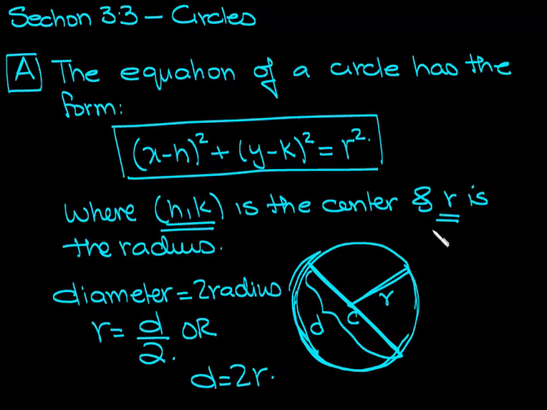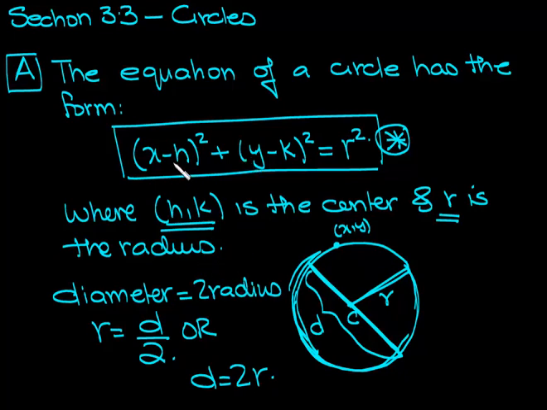Also, remember what an equation in two variables is. The equation of a circle is a collection of all points, like this point x and y, that live on the circle and satisfy this equation.